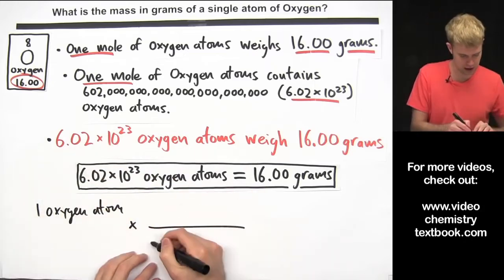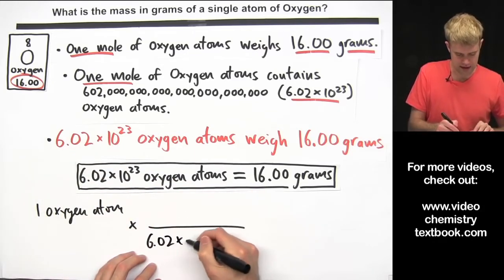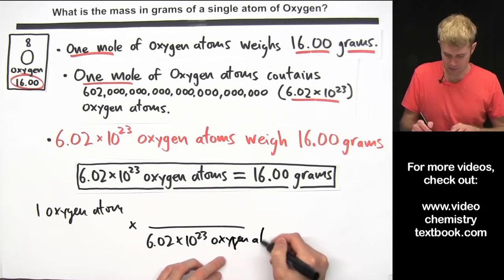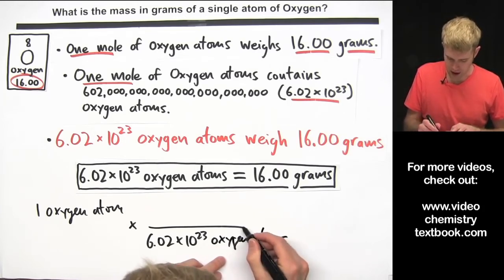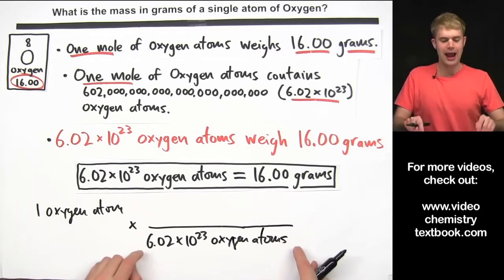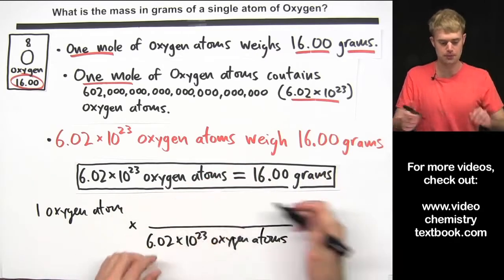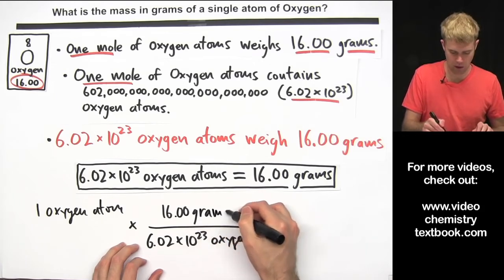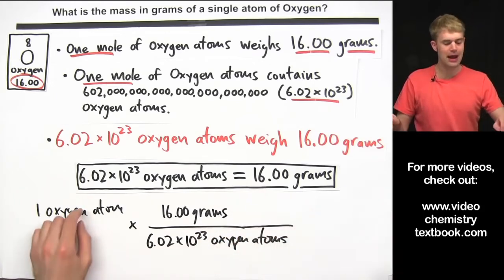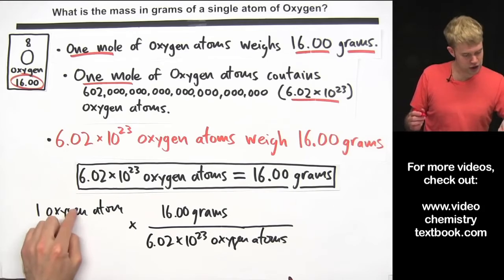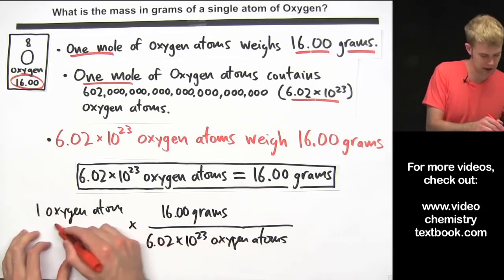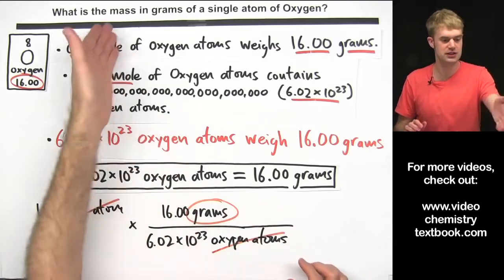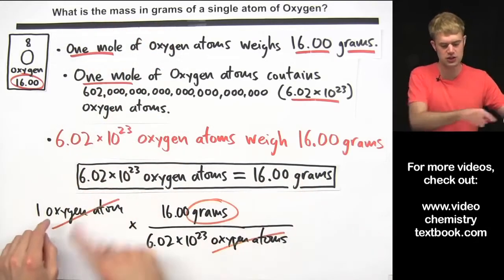I'm going to take 6.02 times 10 to the 23rd oxygen atoms, put that on the bottom, and make my fraction a little bit longer. And then I'm going to put the other side of the relationship, 16.00 grams, on top. Now when I work through the math, oxygen atoms on the top and oxygen atoms on the bottom are going to cancel out, and that's going to leave me with grams, which is exactly what I want. I'm just going to rearrange this so we can go through the math.